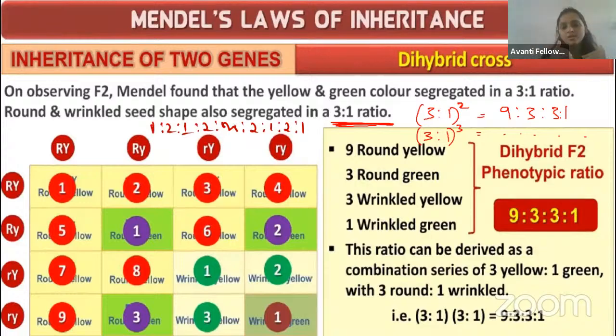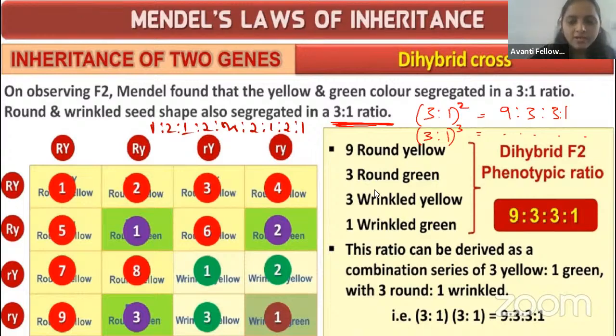Then what progeny did I get in the F2 generation? That is 3:1, right, guys? So obviously it is independently assorting, right? When you talk about the shape also, that is also assorting in the 3:1 ratio, right? So that is what I have told you, right? Yes, law of segregation.